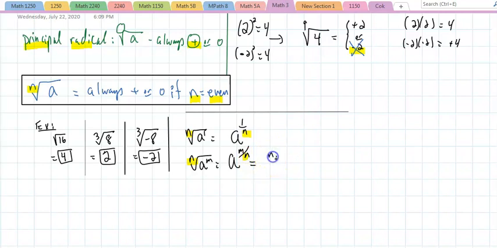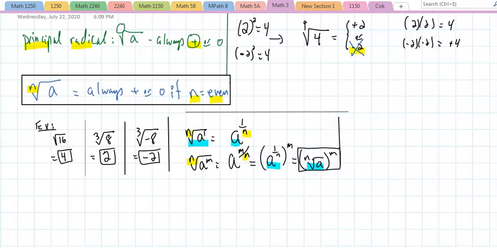I could say that's the nth root of a and raise that to the mth power. That is, I could say, but this is a to the 1 over n raised to the m power, so I could write it this way, and this turns out to be extremely useful.